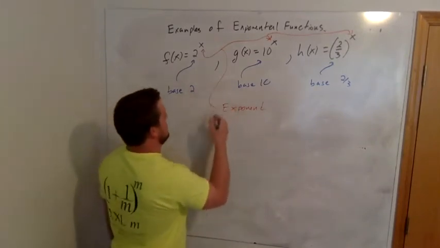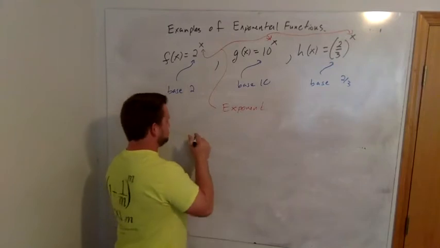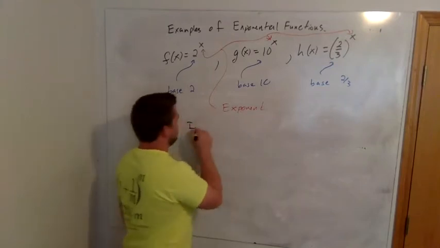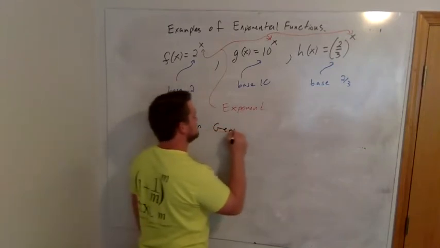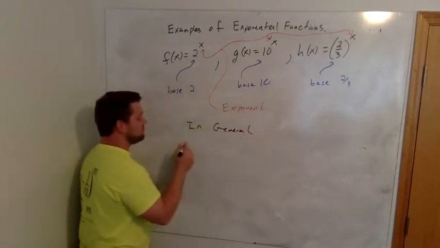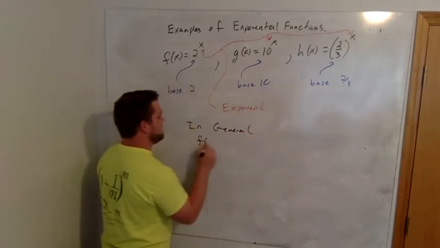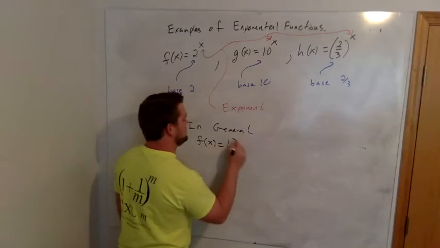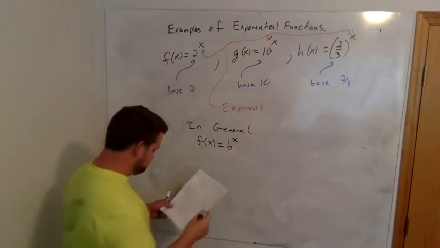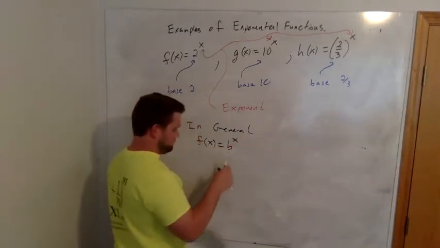So here are just some examples, but in general, an exponential function always has the form f of x is equal to b to the x. b is the base. So this b here is the base.